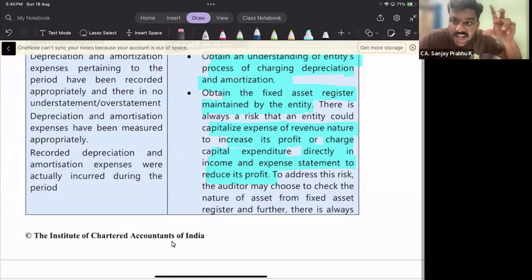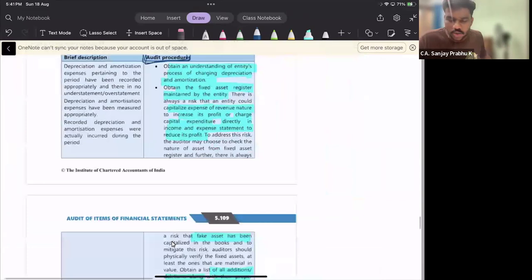Even if there is a change, see whether the change has been properly shown in the financial statements. See whether any capital expenditure has been charged to revenue, or revenue expenditure capitalized, in order to increase or decrease the profit. Then see whether the residual value has been properly verified. If there is a revaluation of the fixed asset, see whether the depreciation has been charged to the revaluation reserve itself. These are the basic points you have to memorize. So this is all about depreciation.